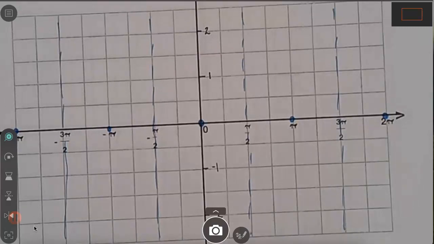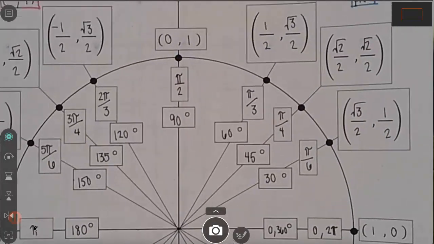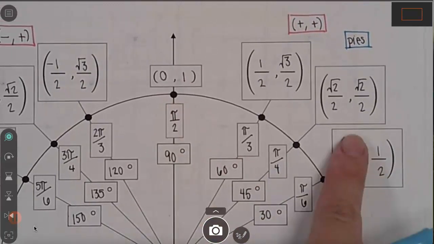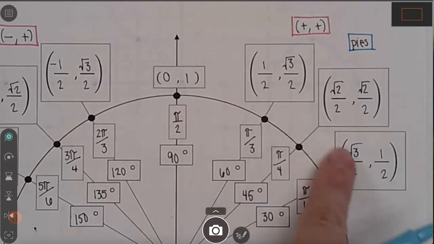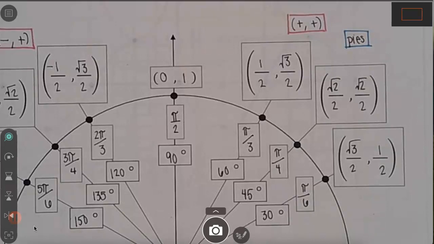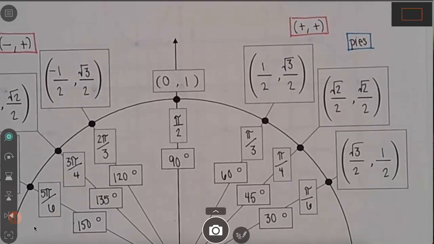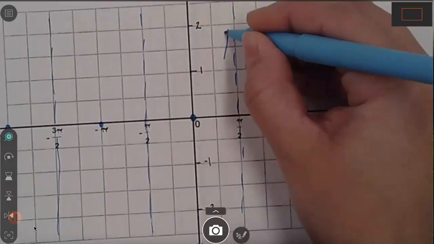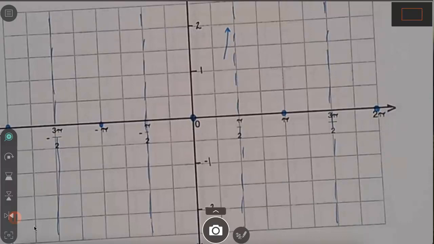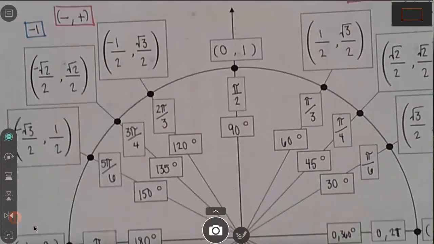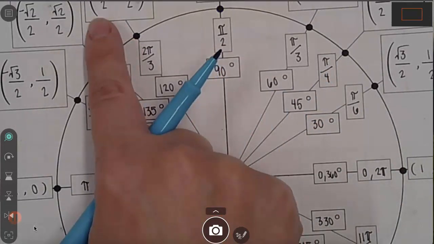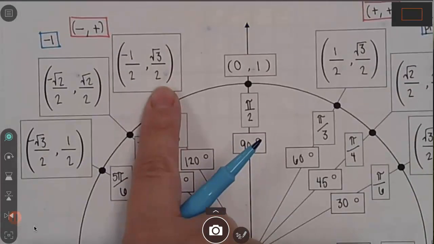Now, if you look over here, between 0 and pi over 2, tangent has to be positive because all of these numbers are positive, and if you divide two positive numbers, your quotient is also positive. So between 0 and pi over 2, we know that tangent is positive. Between pi over 2 and pi, well, x is negative, but y is positive.